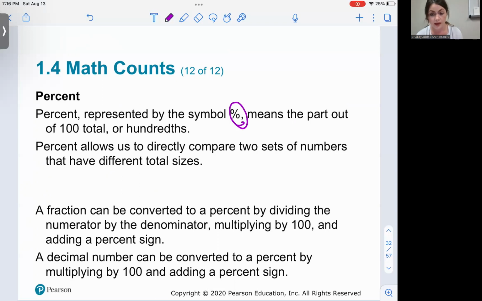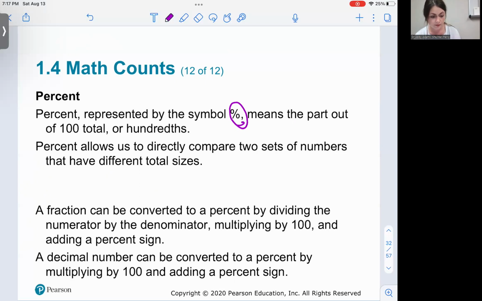And it means the part out of 100 are total. So 50% of the price, out of 100% of the price. Percent allows us to directly compare two sets of numbers that have different total sizes.